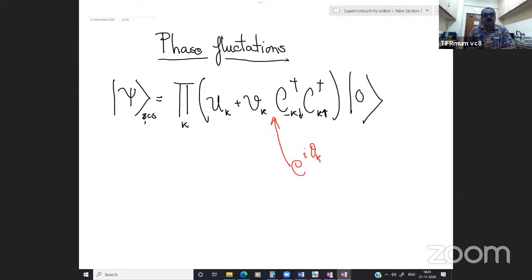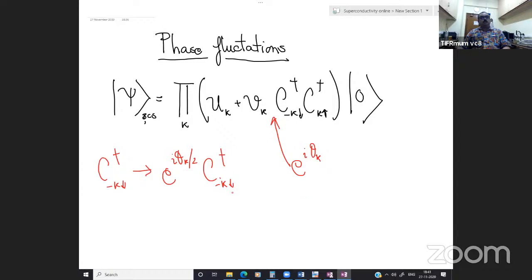In fact, this e to the i theta k comes from the phase of the electrons. So you don't just have c minus k dagger and c k dagger, they have a phase factor, which is of this kind.